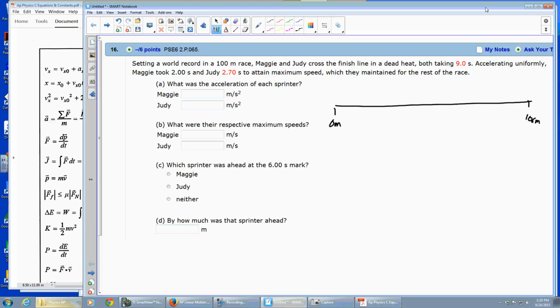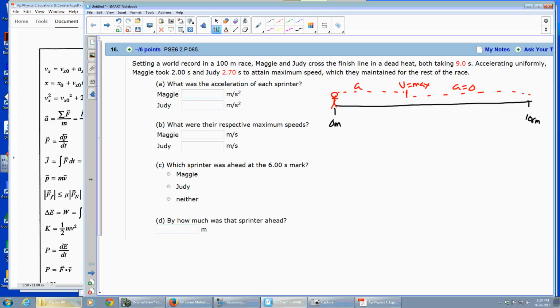Maggie, we'll make Maggie red. She's going to run for a certain amount of time, and at some point here, this is where her V is a max. And then she maintains it, so acceleration equals 0 here, right?